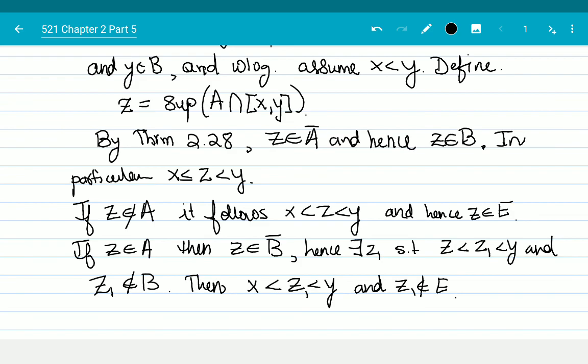Okay? And so we have found points in either case which lie between X and Y which do not belong to E.